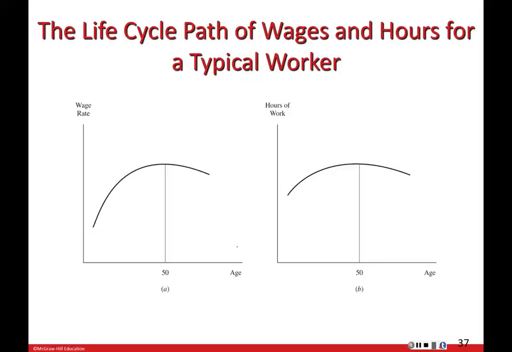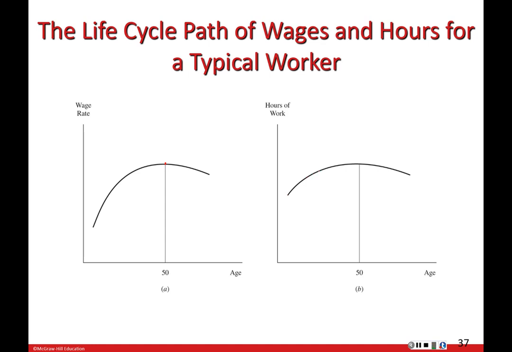Right, so the diagram on the left shows us how wages change over the life cycle of a worker. On the horizontal axis, we're measuring age. At age 50, wages are at a peak, and thereafter they start to fall. And it's been observed that workers' work hours, the labor supply of workers, follow a very similar trajectory. Young workers work fewer hours.